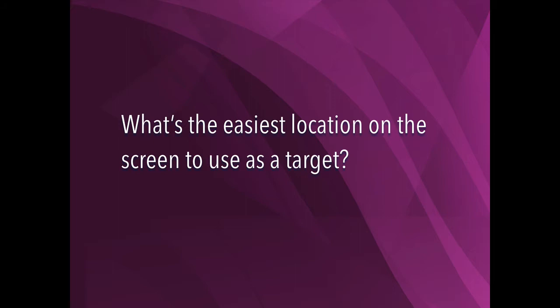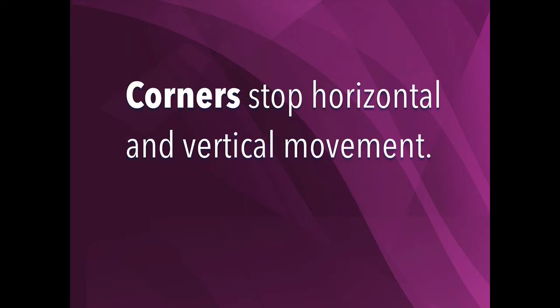So the easiest location on the screen to use as a target, corners will stop horizontal and vertical movement. And so that's why you'll see so many buttons down on the right, for example, or on the bottom or the top, or in these corners, because if somebody, either a young child or somebody with dexterity issues, could be an older person with Parkinson's, when they want to hit that button, hopefully it's large, and that would be associating with Fitts' Law, right?